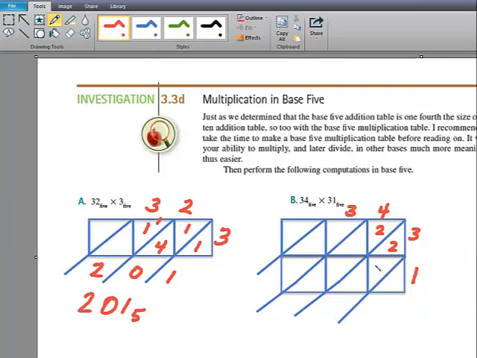List out your base 5 facts if you need to, so that you can remember, just like I did in the video prior. And 4 times 1 would be 0, 4. 3 times 1 is 0, 3. 3 times 3 is a 9, but in base 5 a 9 is represented as 1, 4.